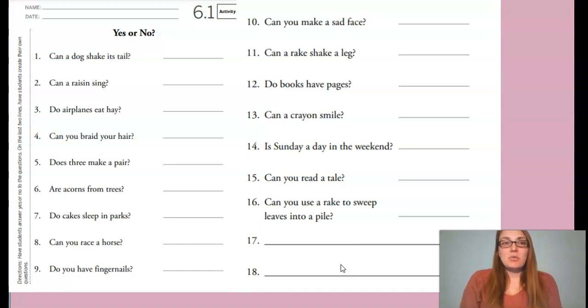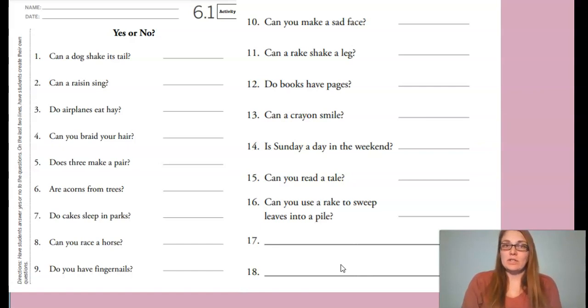Okay, 6.1 activity page for today. It says yes or no. So there's a series of 16 questions for you to read on your own and answer either yes or no. So for example, number 1, can a dog shake its tail? And if you notice, shake and tail have the long A sounds, whereas can has a short A sound.